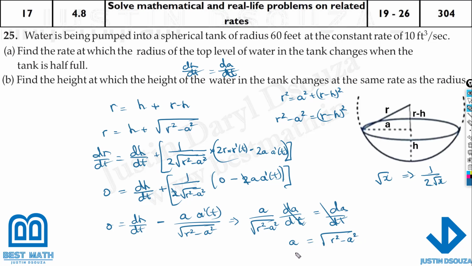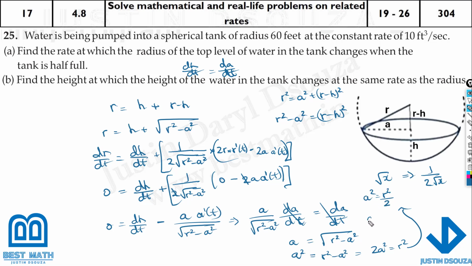Now I'll square both sides. It's going to be a squared is equal to r squared minus a squared. Let me take this minus a squared to the other side. It's going to be a squared plus a squared, so 2a squared is equal to r squared. I'll divide both sides by 2, so a squared equals r squared by 2.